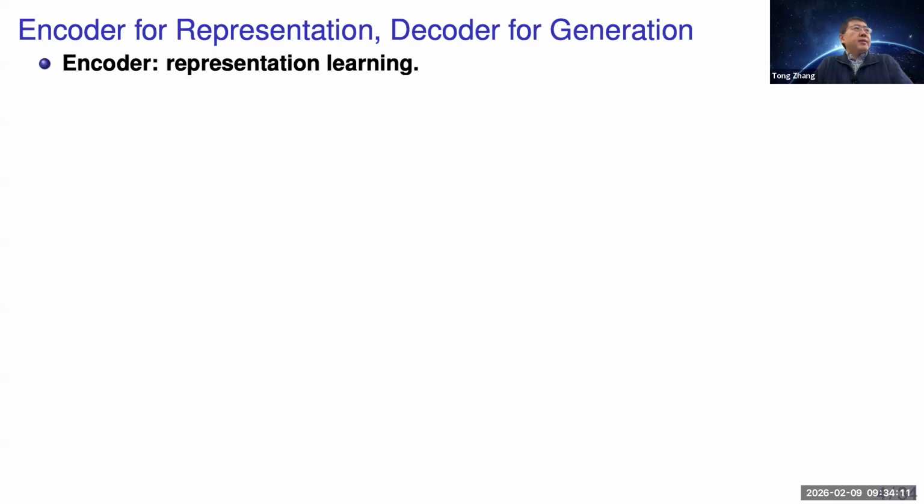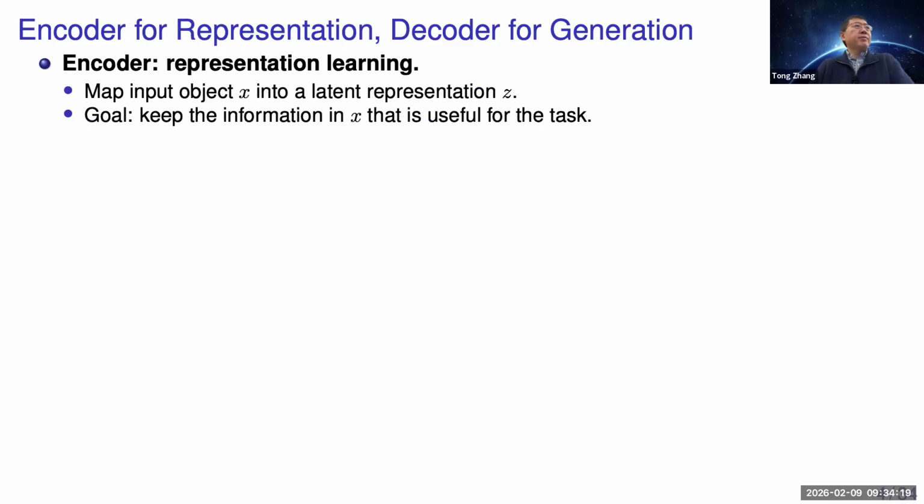Right, so this is a summary of what I mentioned already. The encoder is for representation learning. It maps the input to a latent representation Z. The idea is to keep the information that is useful for whatever the downstream task is.